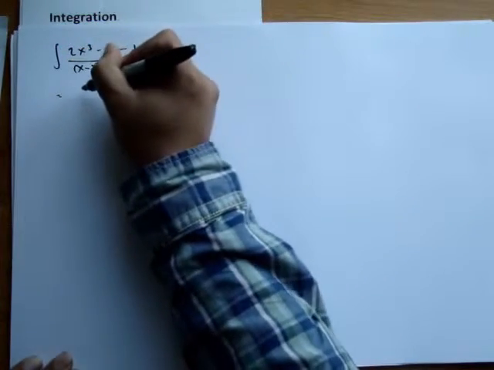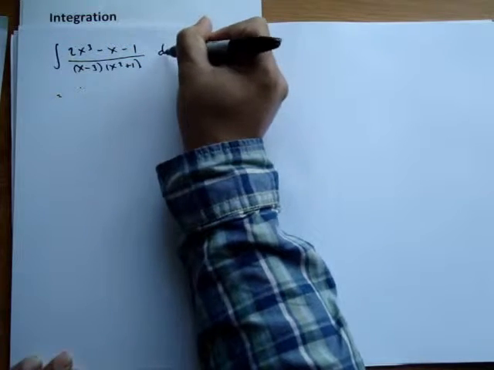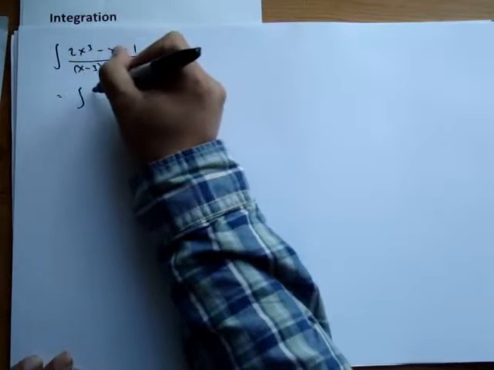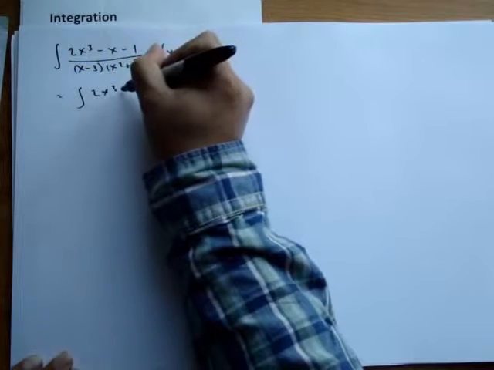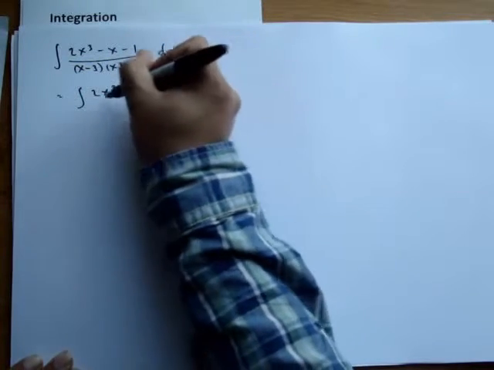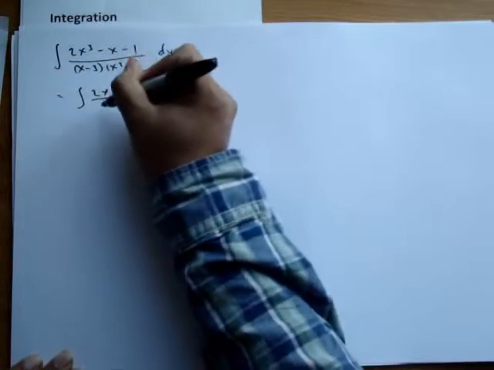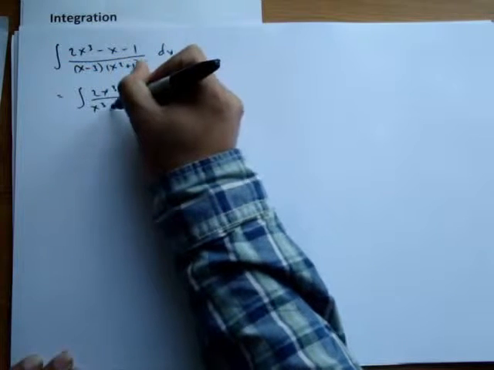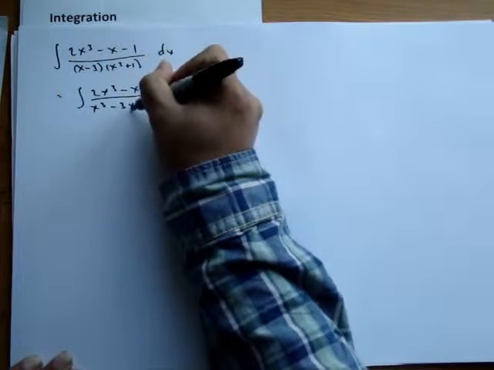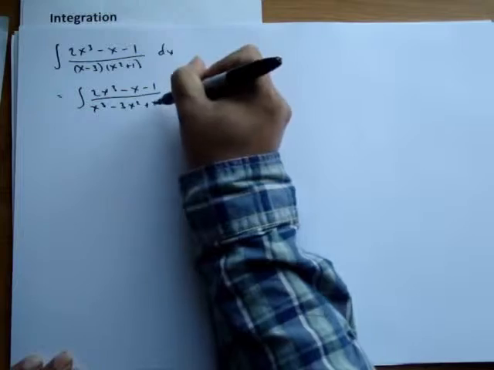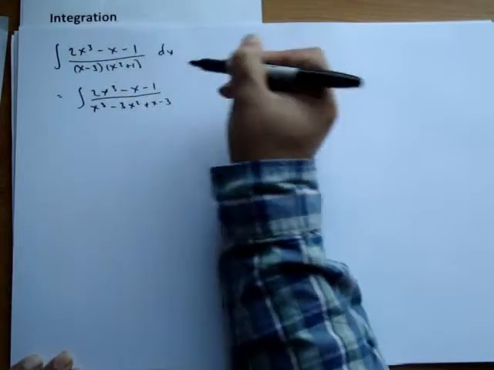We saw that this became the integral of 2x cubed minus x minus 1 over x cubed minus 3x squared plus x minus 3.